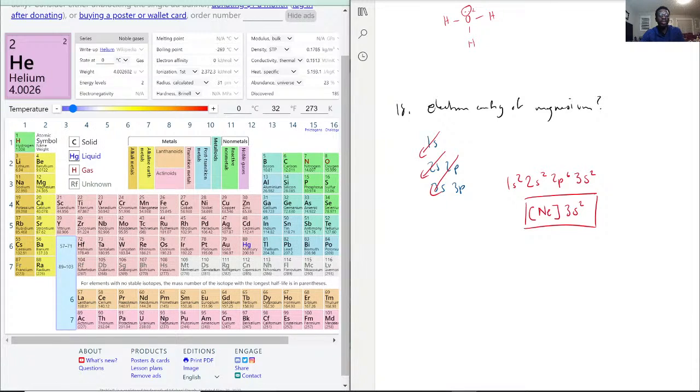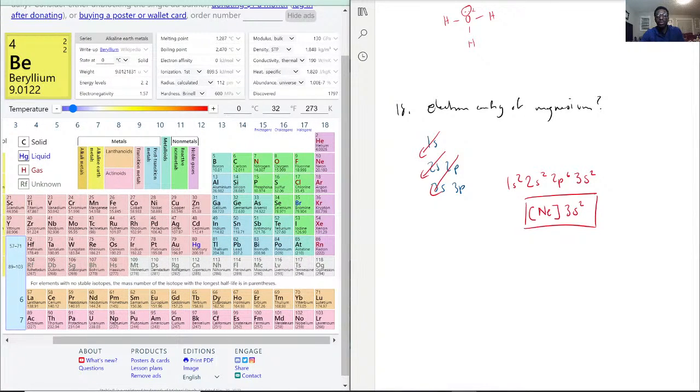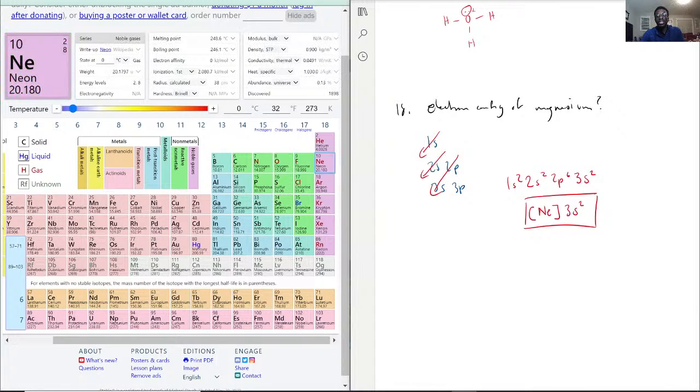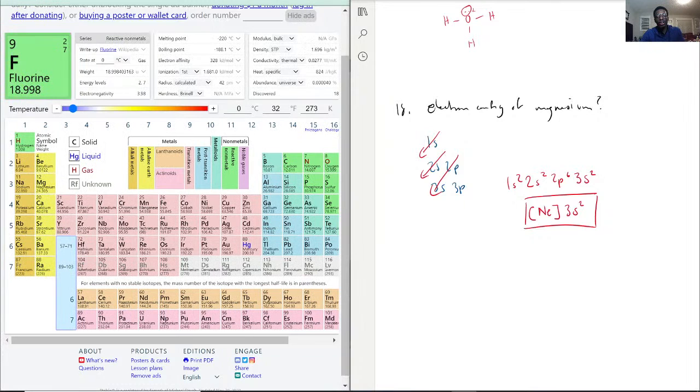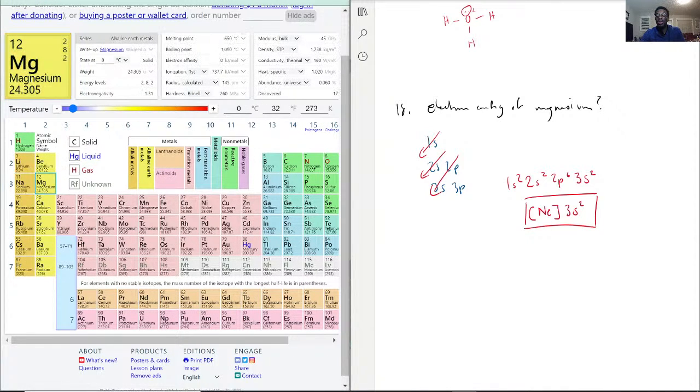Then we go down to lithium, 2s1, 2s2. Then we skip over to boron, which would be 2p1, 2p2, 2p3, 2p4, 2p5, 2p6 at neon, and then we have 3s1, 3s2 for magnesium.